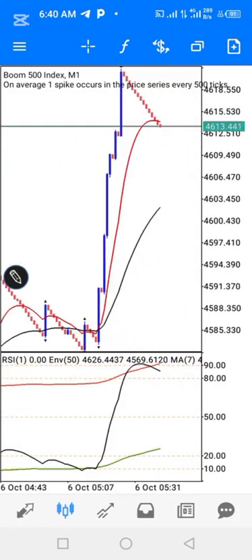You can use it to scalp, to catch spikes on Boom and Crash. In the same way, you can use it to trade the reversal pattern. You understand? It is a two-edged sword. So without wasting much of our time, I would be sharing this setup with you.